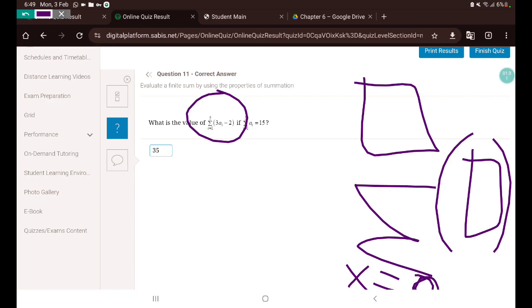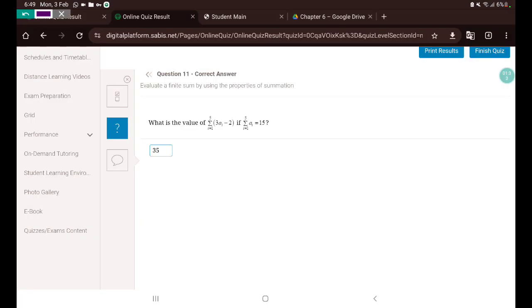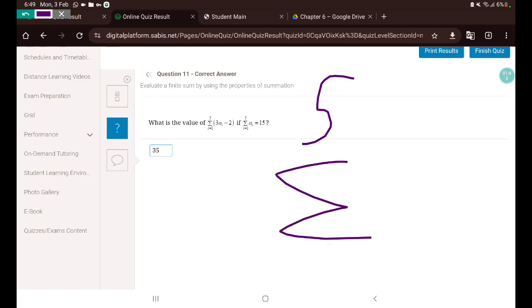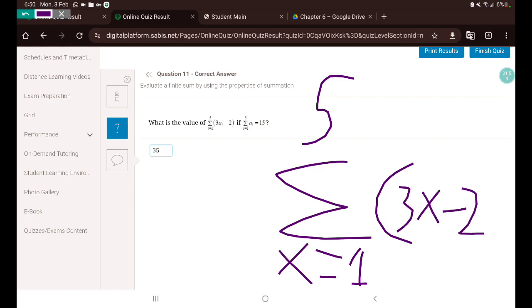So all we have to do is 5, this, whatever it's called, x equal to 1, while bracket is 3x minus 2. You can just call the I in here or the a x, it's fine.